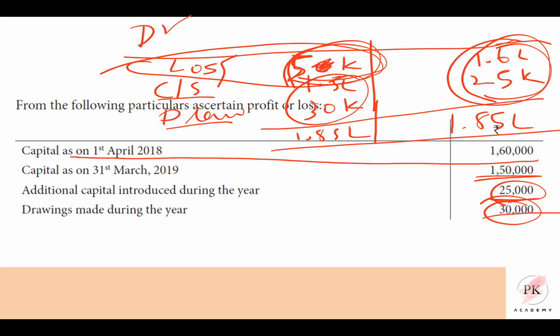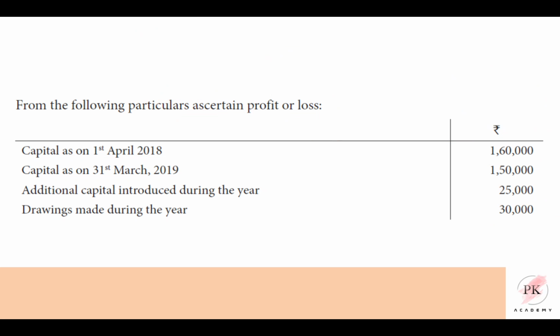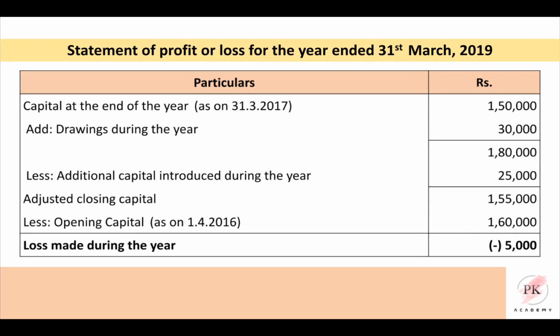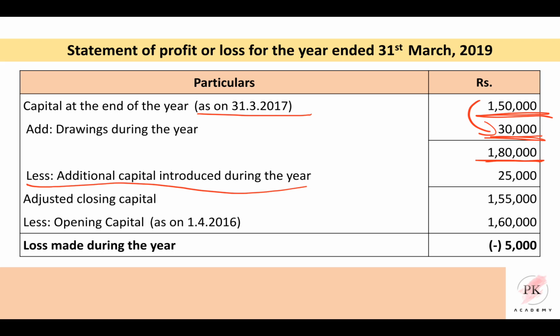Let's put it in statement of affairs and find the answer. In the statement of affairs, the closing capital is 1.5 lakhs. Let's add drawings. We'll go as per the statement only. 1.5 plus 30 gives me 1.8 lakhs, and less additional capital 25,000 gives me 1.55 lakhs, and the opening capital is 1.6 lakhs, which is greater.